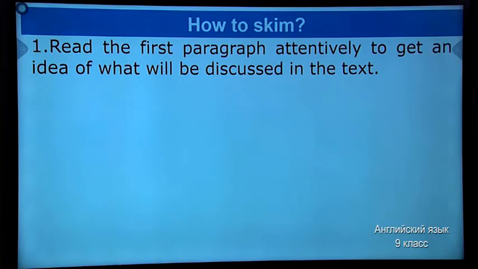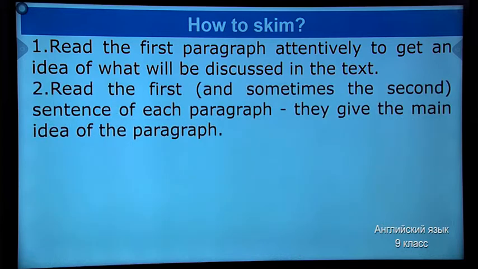How to skim? 1, read the first paragraph attentively to get an idea of what will be discussed in the text. And 2, read the first and sometimes the second sentence of each paragraph.